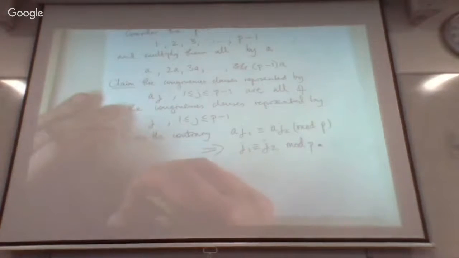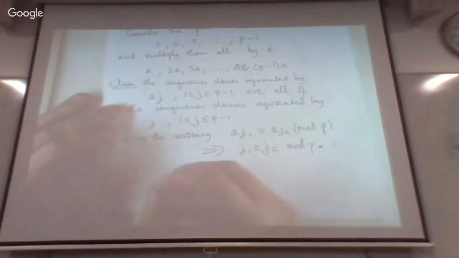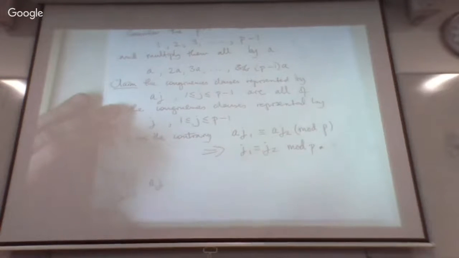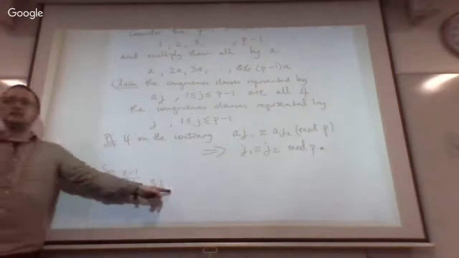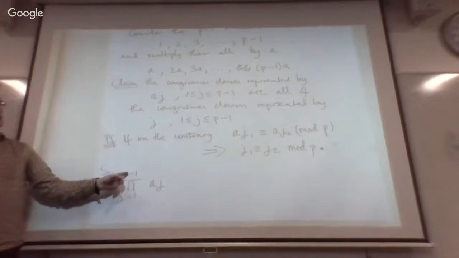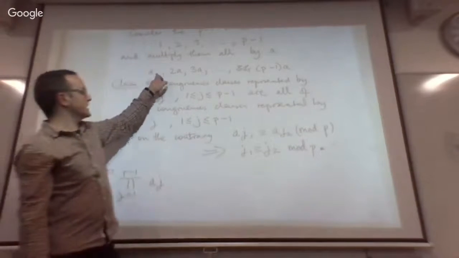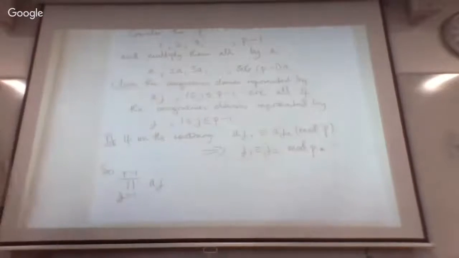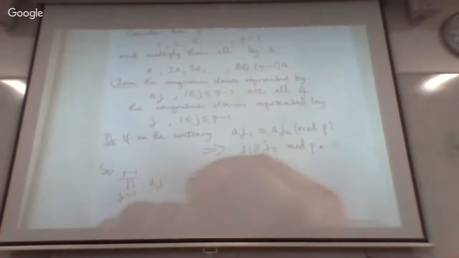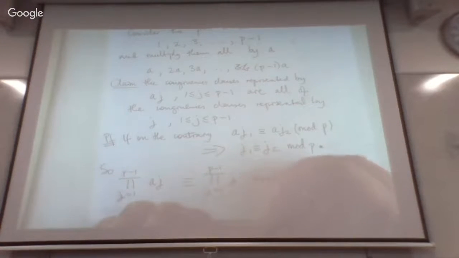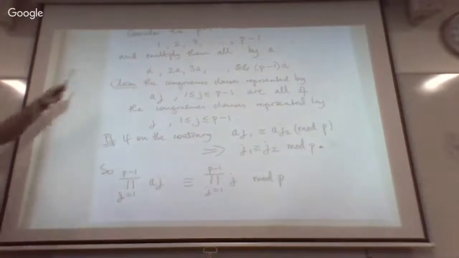So when I multiply all the AJ's together, where J is running from 1 through P minus 1, what I'm doing is multiplying together all of these. That tells me that it's congruent to multiplying together all of these ones.